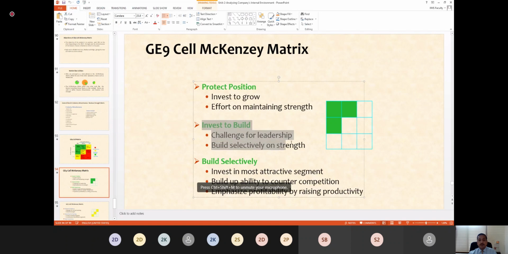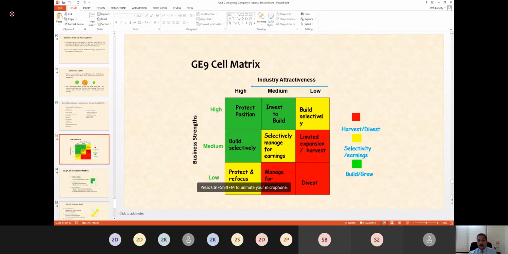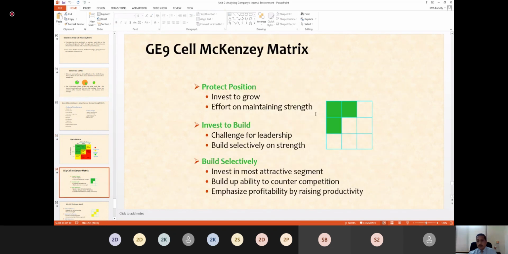Second position, invest and build. This category is characterized by medium industry attractiveness but very high business strengths. This is a challenge for any leadership. Industry is moderately attractive.